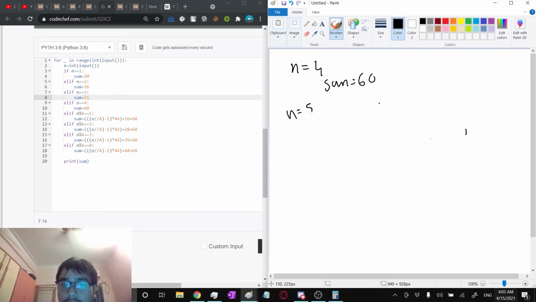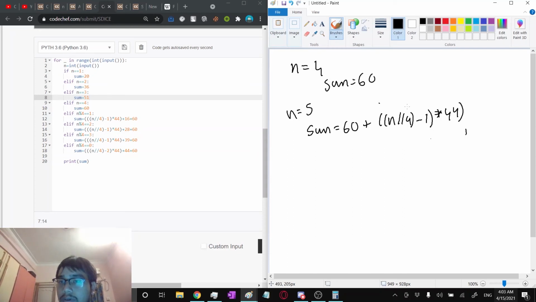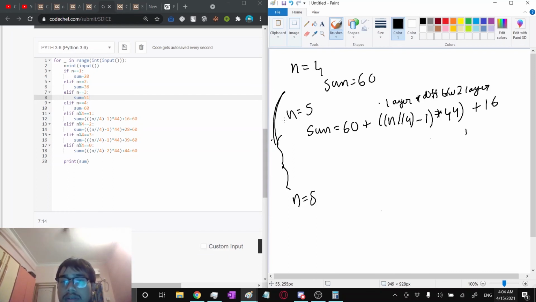For n equal to 5, what we did was base sum 60 plus, according to the layer, we are multiplying 44 to it, the difference between two layers. And between n equal to 4 and n equal to 8, if it is the first die, then we have to add 16.